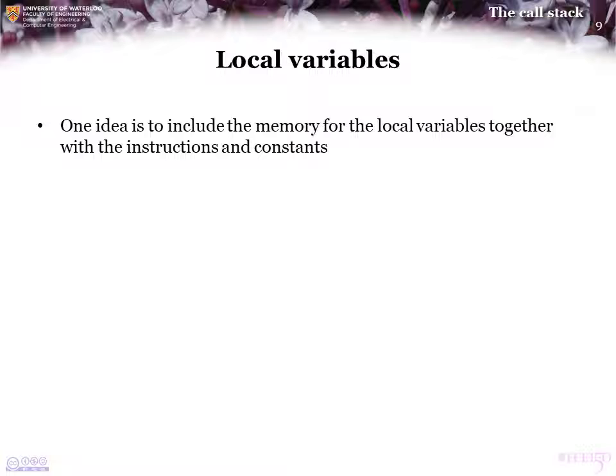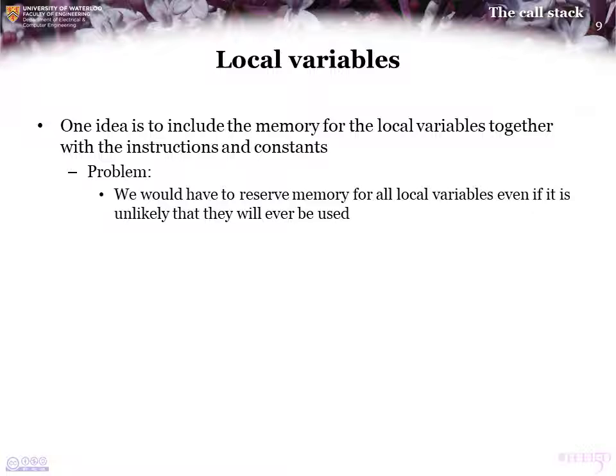Now, one idea is to store the memory for local variables together with the instructions and constants. This used to be done, but there's a serious problem here, because we would essentially therefore have to reserve memory for all local variables, even if it's very unlikely they will ever be used. And so we will see how we will deal with this at some point in the future.